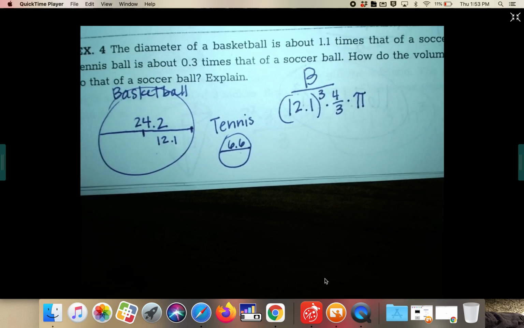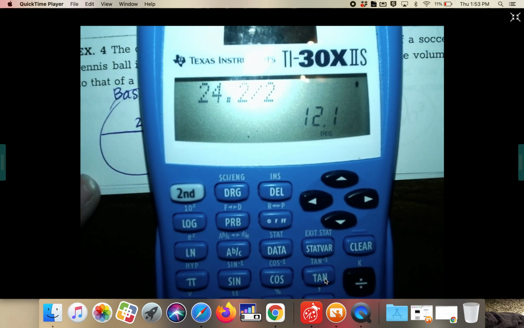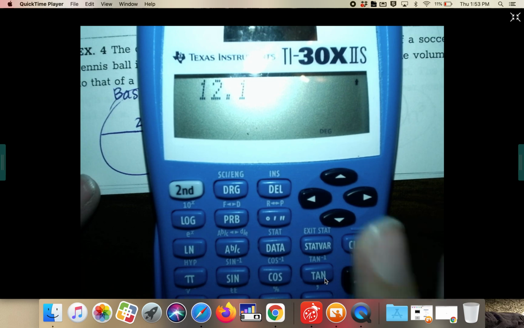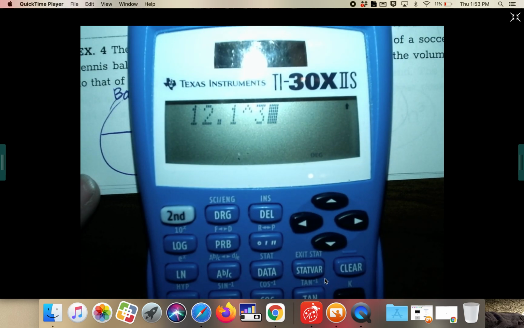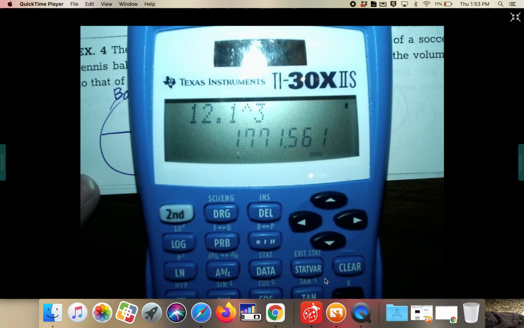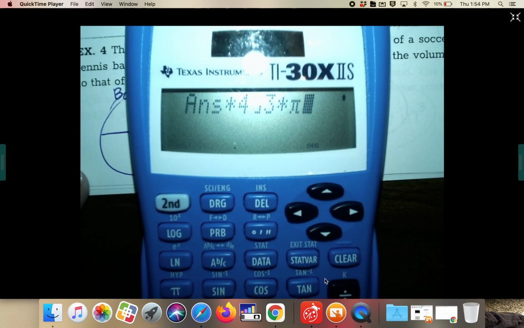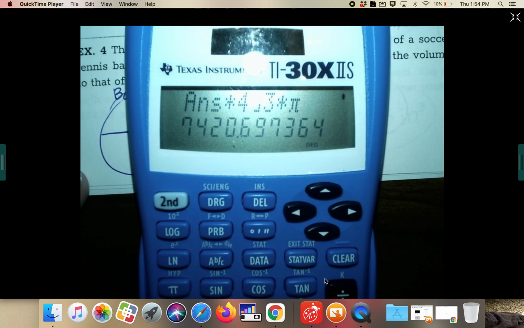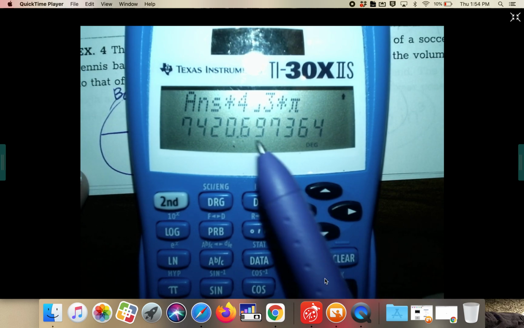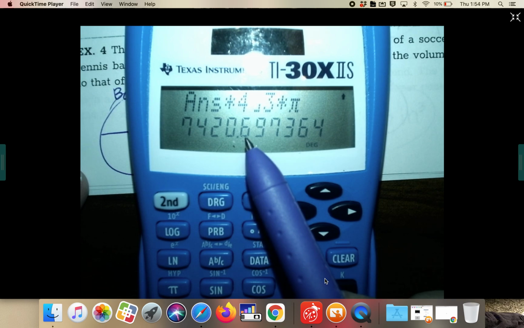It didn't tell us to use 3.14, so I'm going to just push the pi button. So 12.1 cubed times 4/3 times the pi button is 7,420.7. That 9 is going to bump up the 6 to a 7.